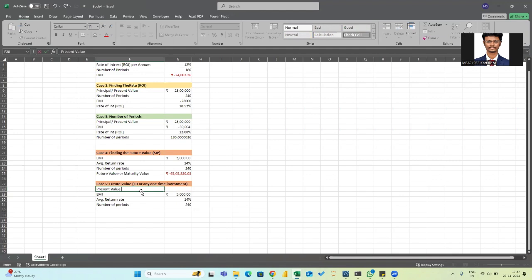Present value or initial investment. Let's say you are investing 10 lakhs and you're not paying anything after investing. You're putting your money in an investment and leaving it for, let's say, 15 years.